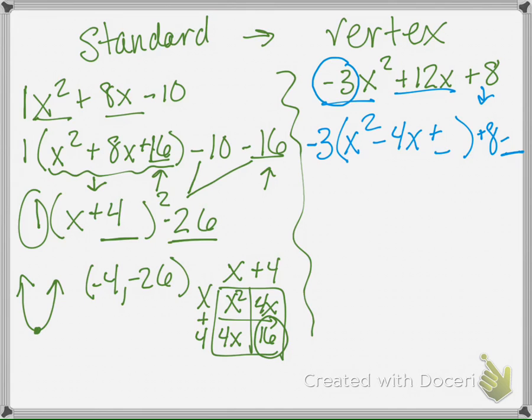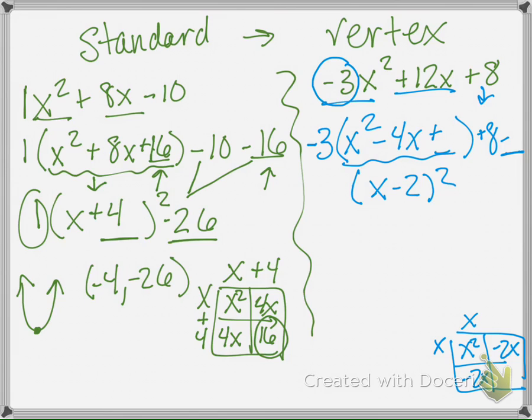Now, if I break down this into my box like I did before, dividing that negative 4 out evenly, I get negative 2x and negative 2x, which tells me I'm dealing with x minus 2 squared.